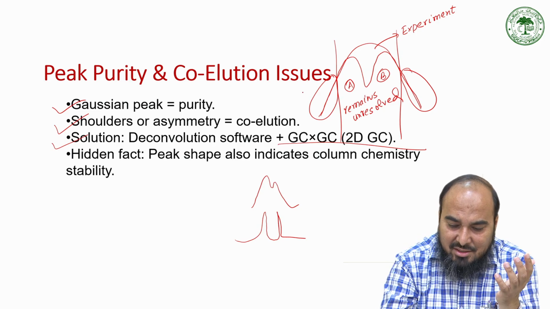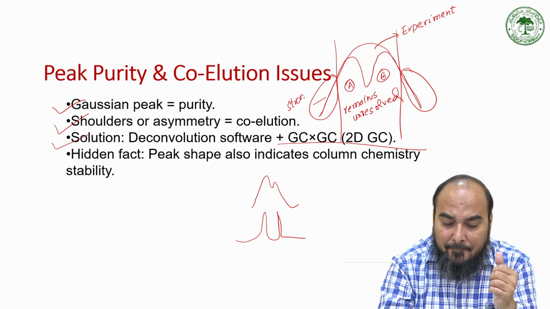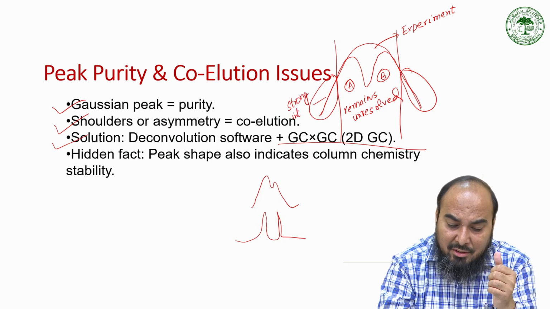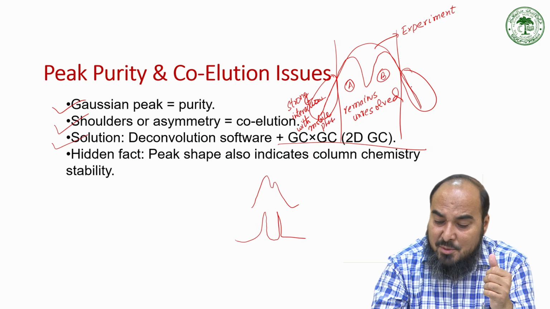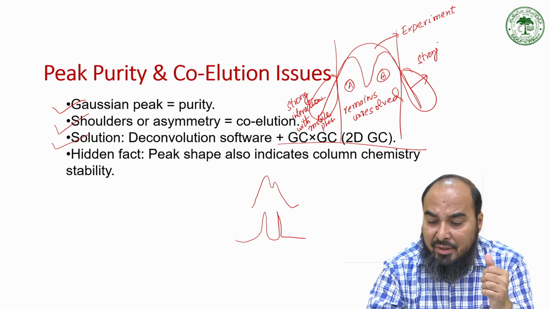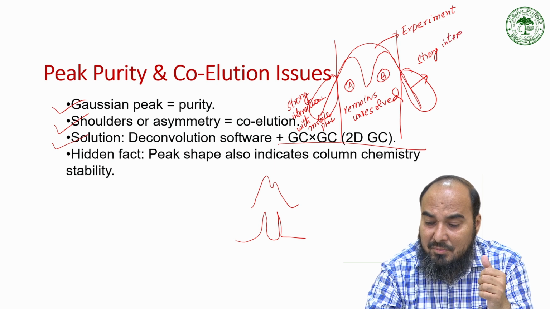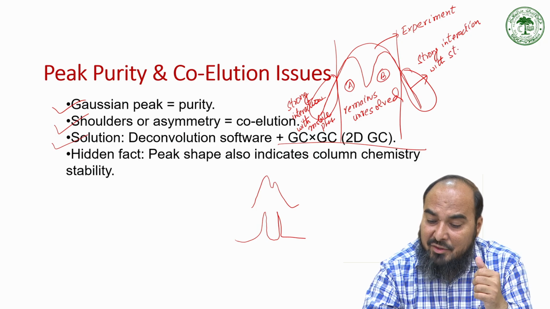So this fronting is because of the strong interaction with the mobile phase, and this tailing part is because of the strong interaction with the stationary phase.